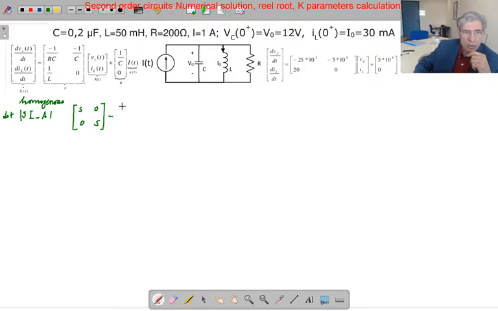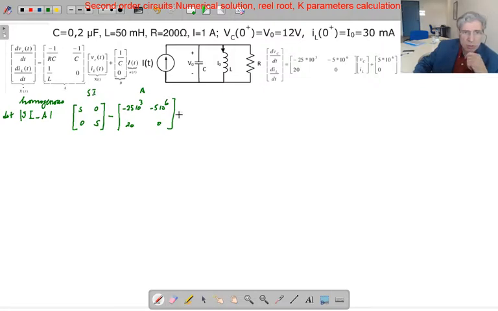And minus the A matrix. The A matrix is this: minus 25 times 10 to the power 3, minus 5 times 10 to the power 6, 20, 0. So this is the A matrix, this is SI.